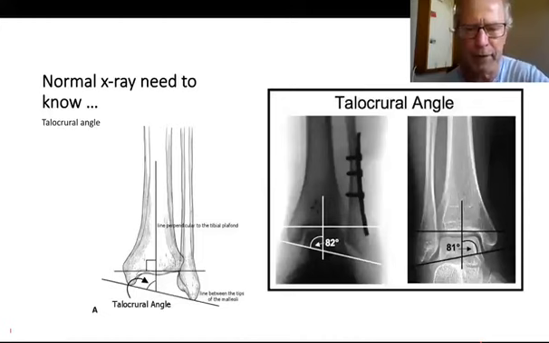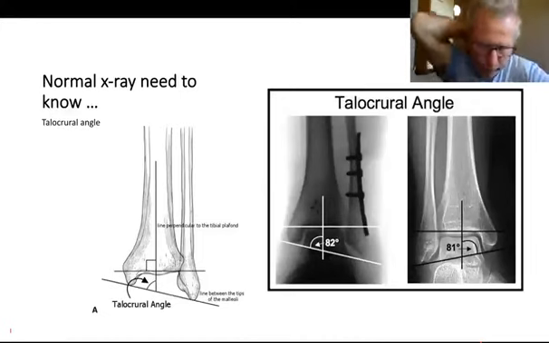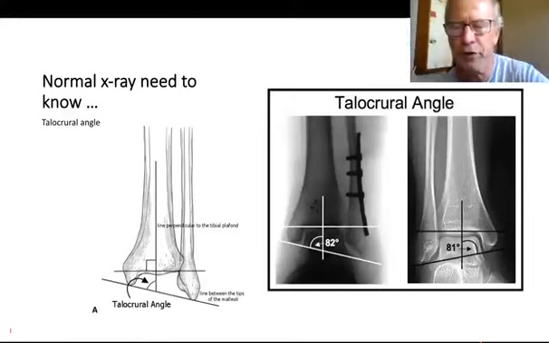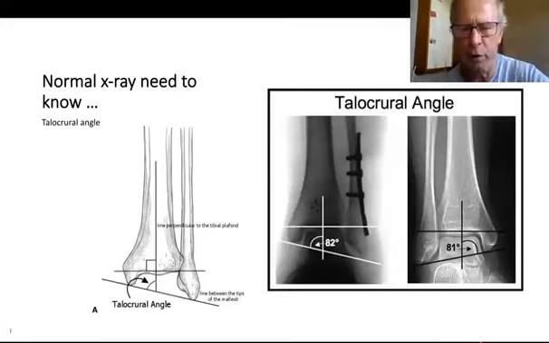It's the angle that subtends, and it's normally 81 to 82 degrees. If the fibula shortens, that angle is going to get bigger. So relative to 81 degrees, where is the patient? It's a fairly easy thing to measure to determine whether there's any fibula shortening or not. So that's the talocrural angle.